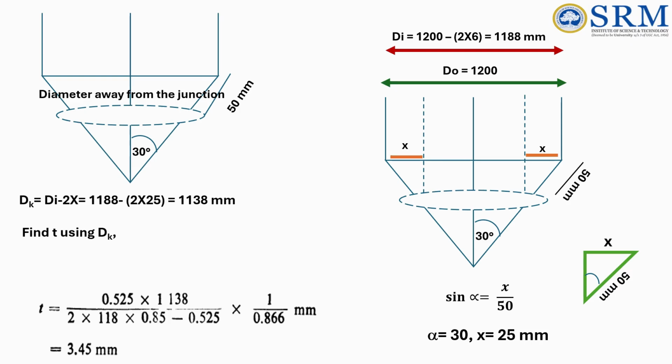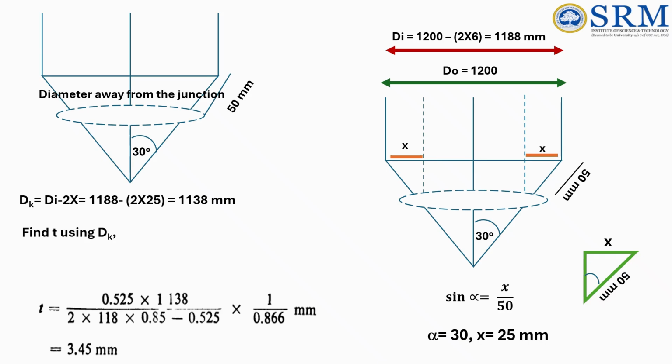To find out the diameter dk at a certain distance away from the junction, let us understand from this diagram. The dotted circle here in the cone refers to the portion from which we have to measure the diameter. So we want the diameter of this dotted line, where we know the total diameter of the vessel.